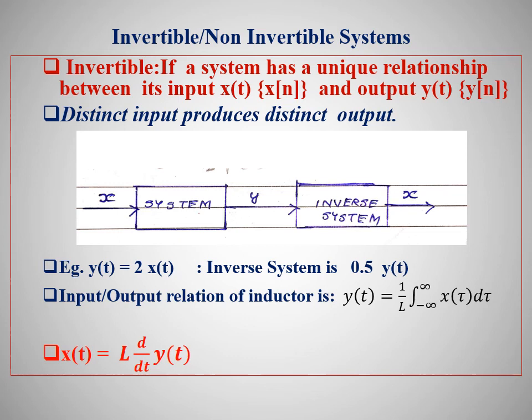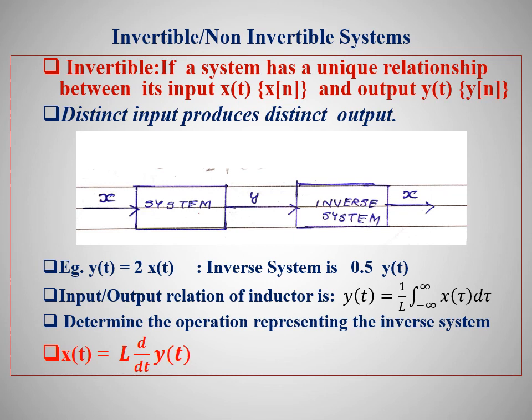Let us consider another relation, which is the relation for the inductor: y of t is equal to 1 by L integral from minus infinity to plus infinity of x tau d tau. What would be the inverse operation definition? We know that y of t is replaced by x of t, 1 by L is replaced by L, integral is replaced by d by dt, and x tau is replaced by y of t, resulting in an inverse system.